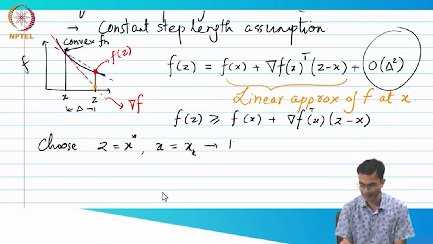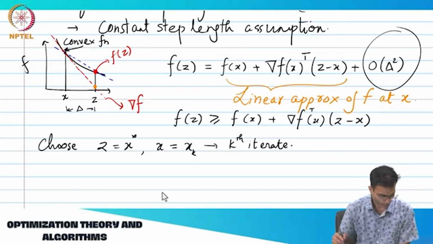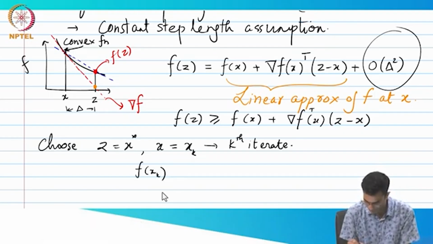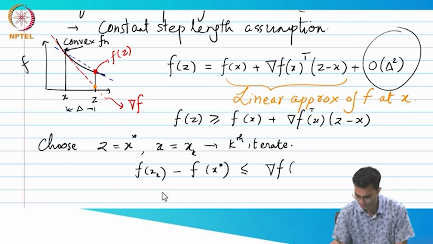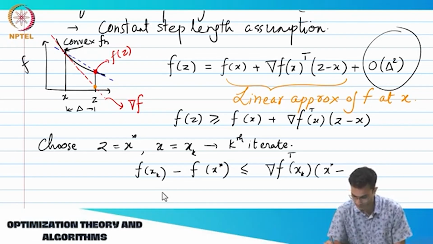This is the kth iterate. Then I will get f of xk minus f of x star is less than or equal to grad f of xk transpose x star minus xk.